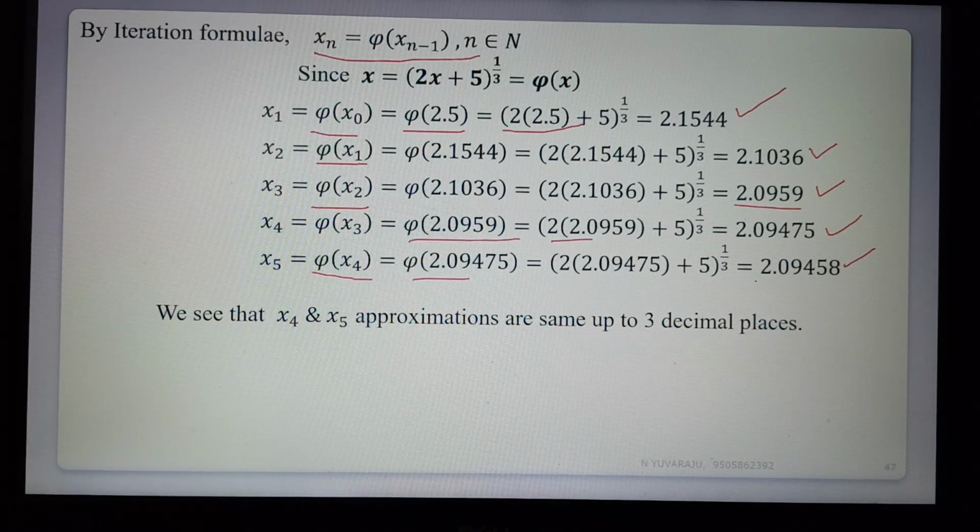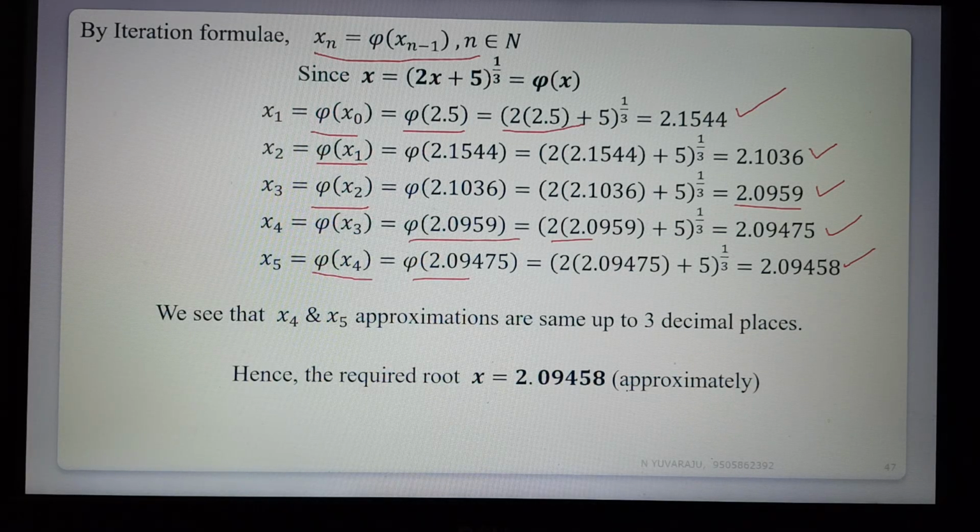Up to 3 decimal places the values are equal; x4 and x5 are nearly the same, so we take it as the required root. Hence the required root is x equal to 2.09458, that is the approximation. This is the fixed point iteration method.